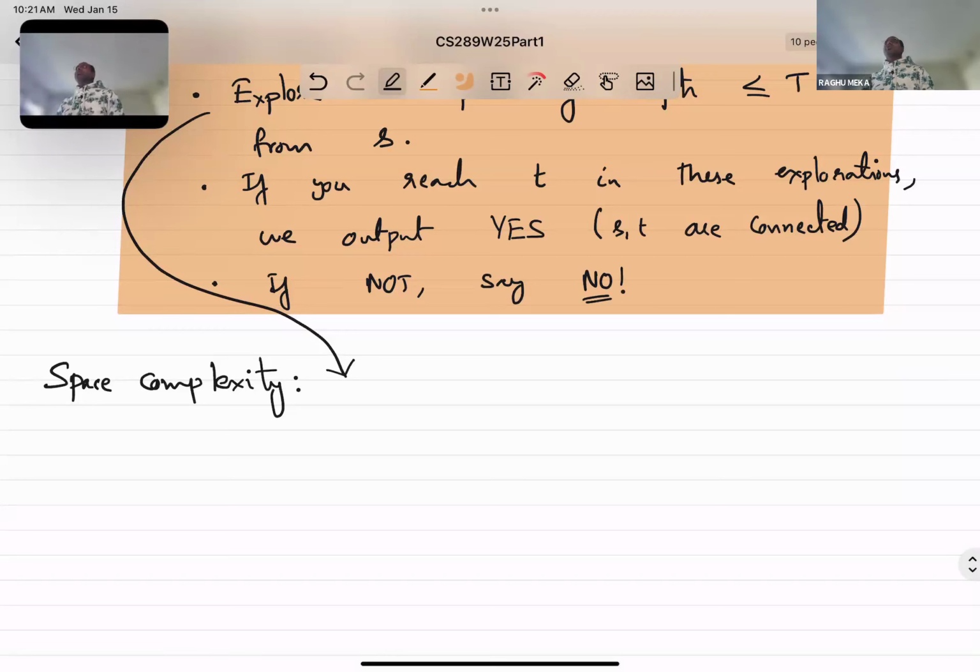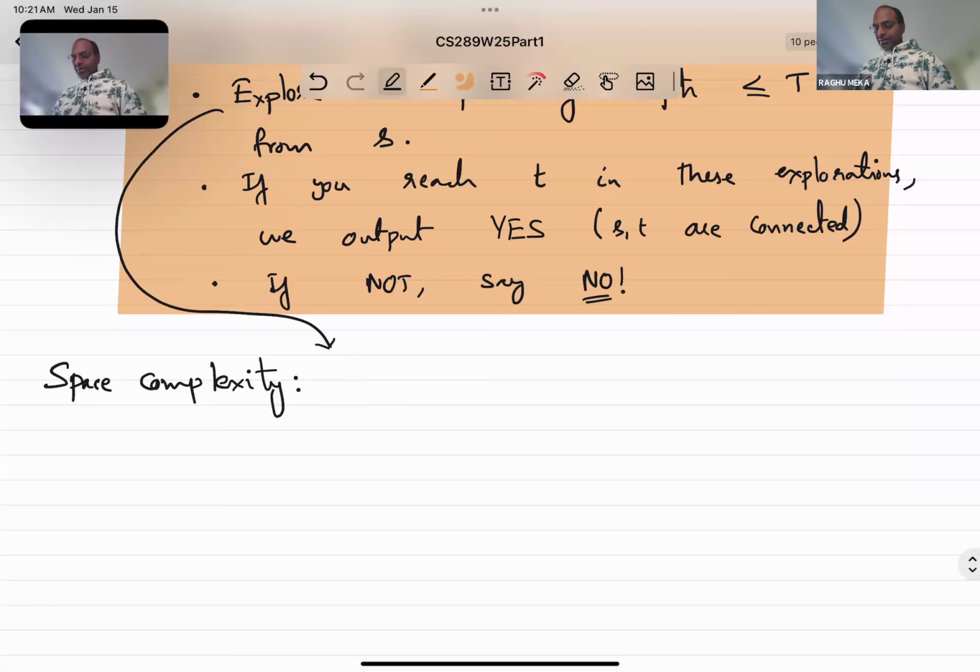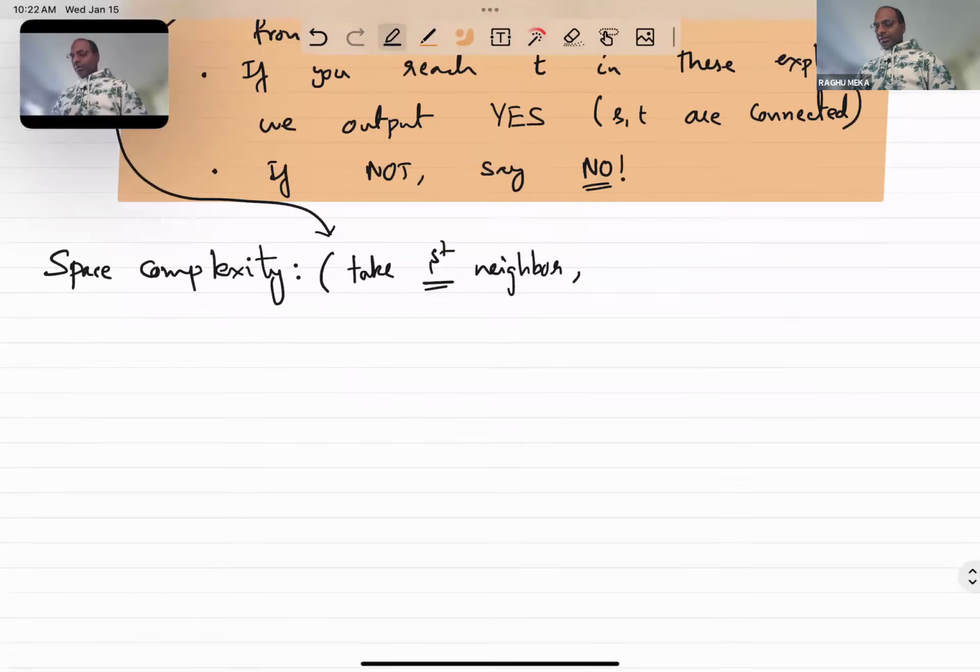So how much space do we need to explore all paths of length at most 10? How do you describe this? You will say somehow take the first neighbor. What do I mean by first neighbor?